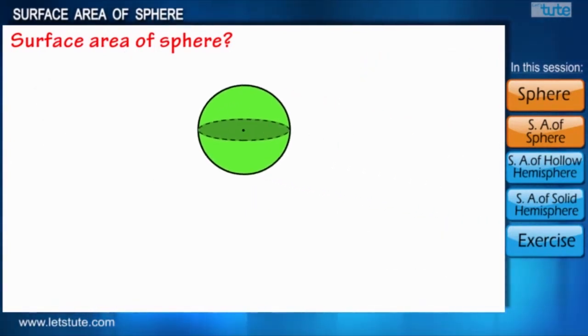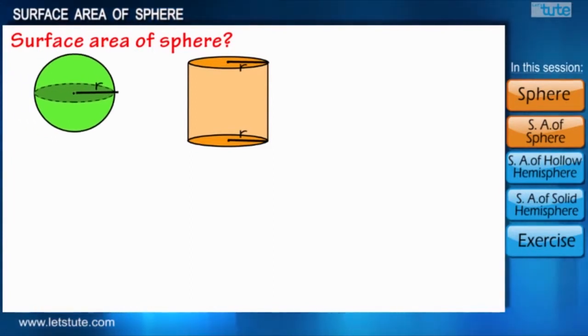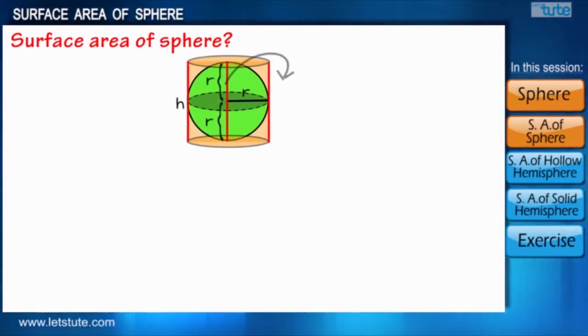Let's do it. We all have seen a cylinder, which is a curved object. And you know, when the radius of a sphere and a cylinder are the same, then that sphere could easily be fitted in the cylinder. And let the height of the cylinder equal the height of the sphere, which is in fact the diameter of the sphere.